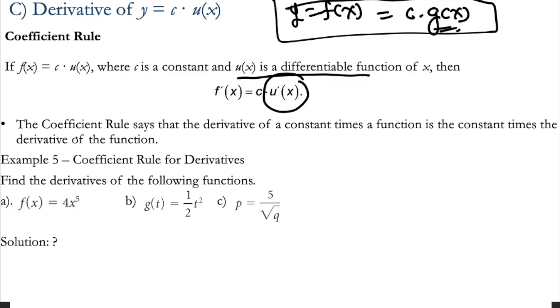So the coefficient rule says that the derivative of a constant times a function is a constant times the derivative of the function itself.